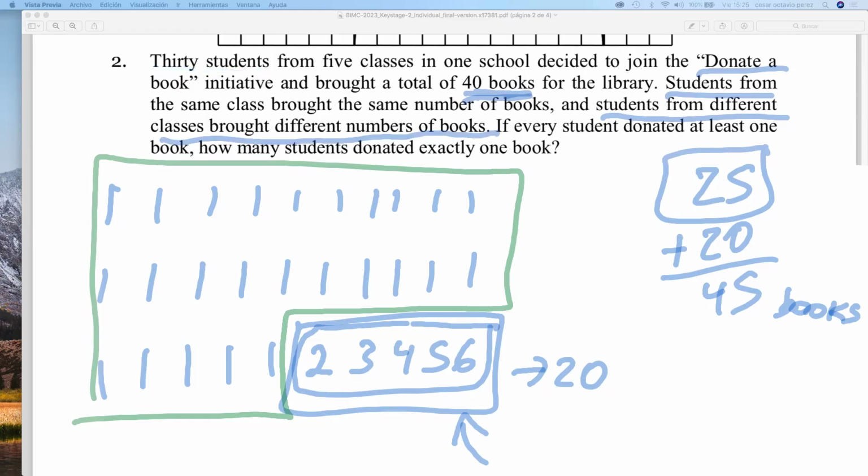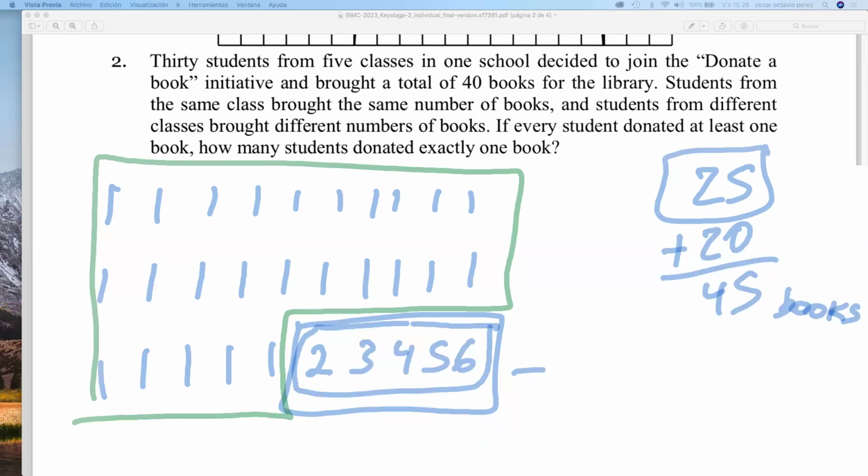For example, here we already have 45. I don't know if the numbers are consecutive, but if we can construct one solution that uses consecutive numbers, then we already have solved the problem.